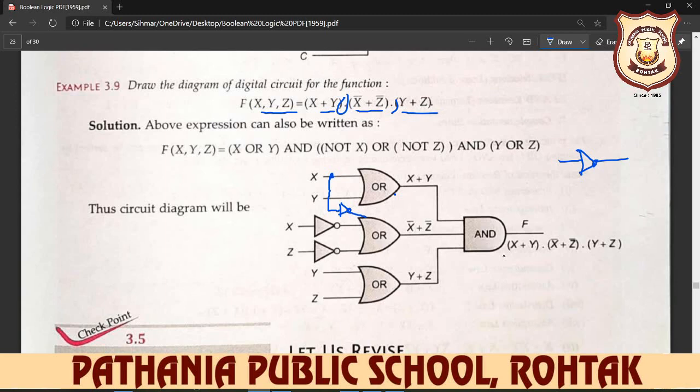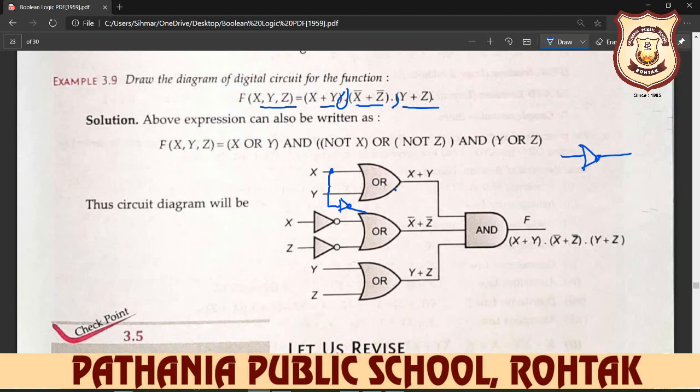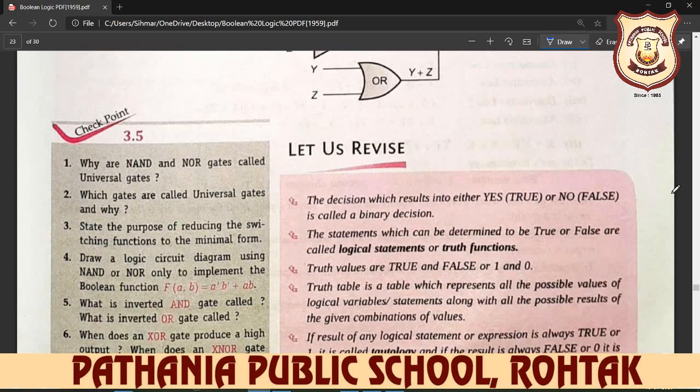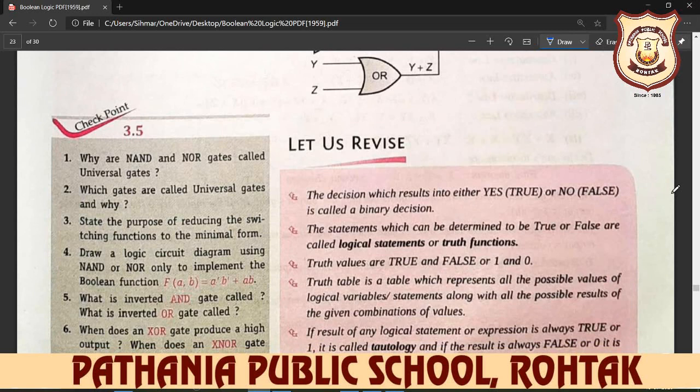Okay, so here our chapter number 3 is completed. Boolean logics. In Boolean logics, we learned so many things: operators, Boolean expressions, gates, and in gates we learned 3 basic gates: AND gate, NOT gate, and OR gate.